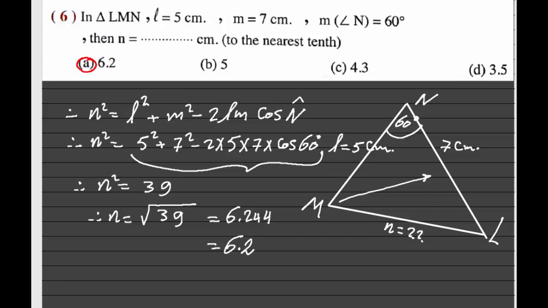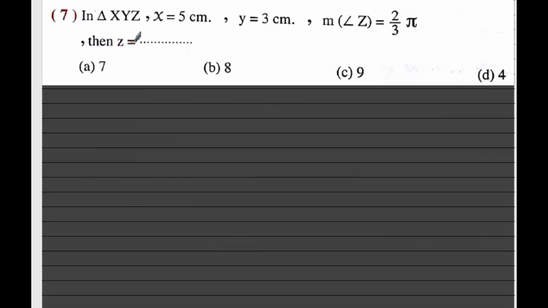Question number 7. In triangle XYZ, we have X equals 5 centimeters and Y equals 3 centimeters, and the measure of angle Z equals 2/3 pi. So first we will convert measure of angle Z from radian measure to degree measure.